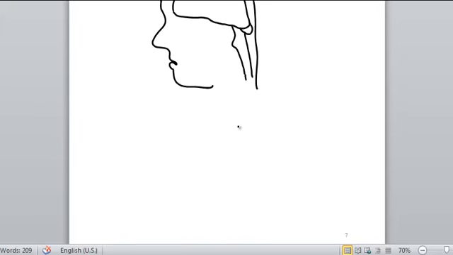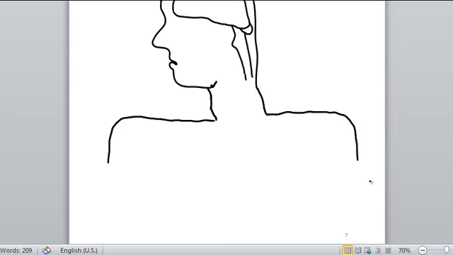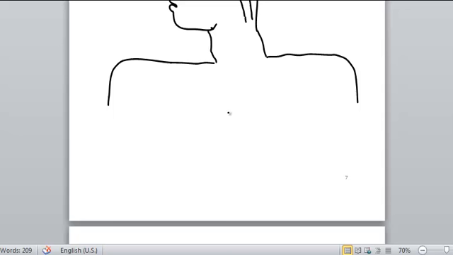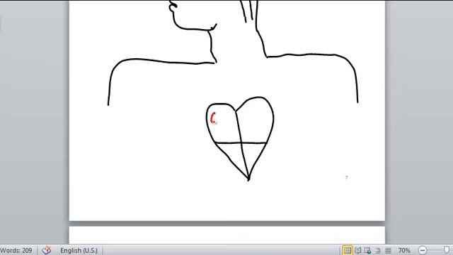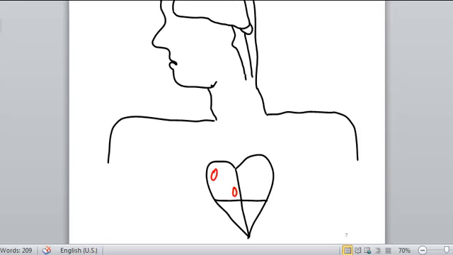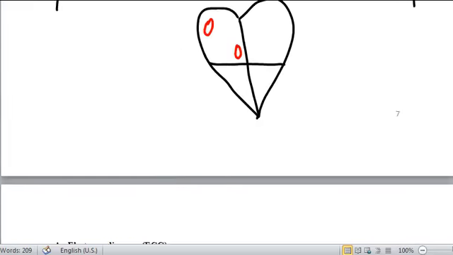Okay. This person's going to have fairly broad shoulders. Just give us space to write everything. And down here the heart. Again, a very large heart, and in that heart it has a sinoatrial node and it has a AV node. Okay, the important part up here, I'm going to zoom back in here.